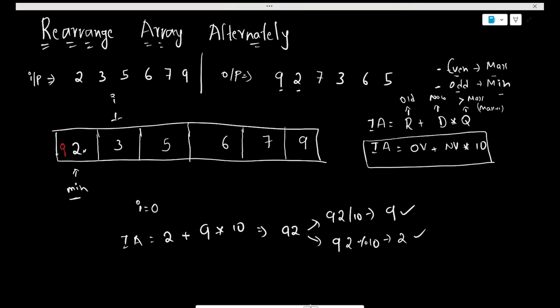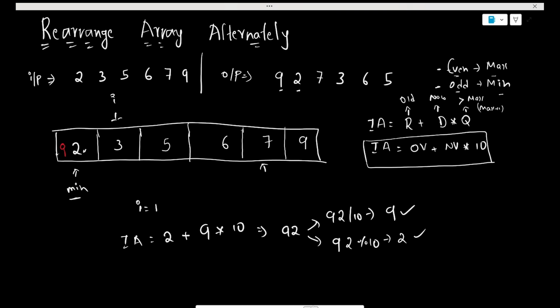So max is also updated. So now I value is 1. Whenever I value is 1, we need to take the odd index, so we need to take the minimum, right?